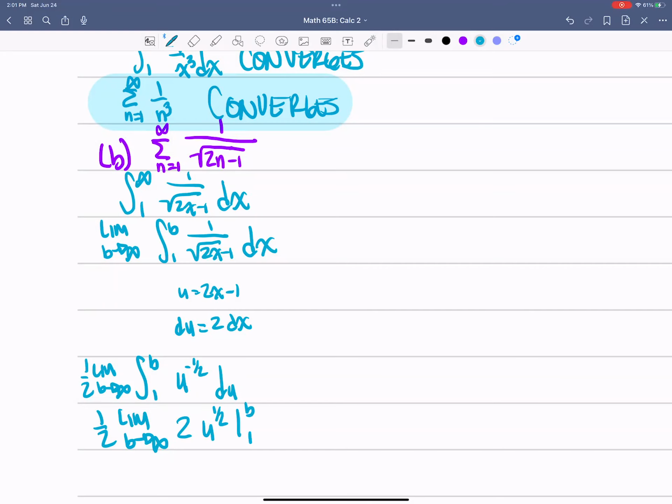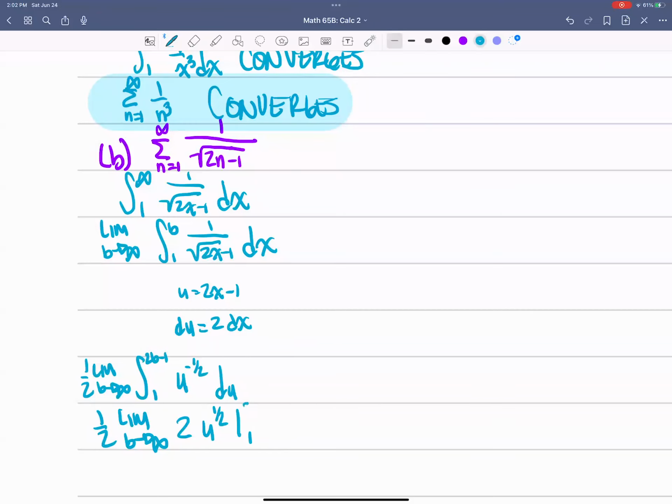When you plug 1 in, I kind of did this in my head, but I didn't say it here, you end up getting 1. So this ends up still being 1. When you plug b in, you end up getting 2b minus 1.